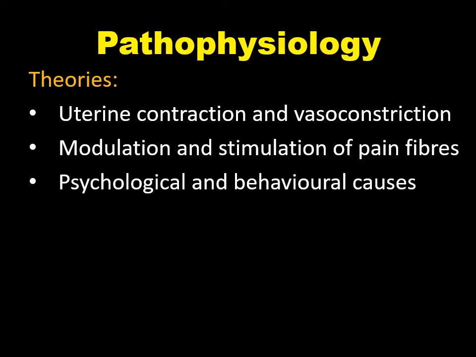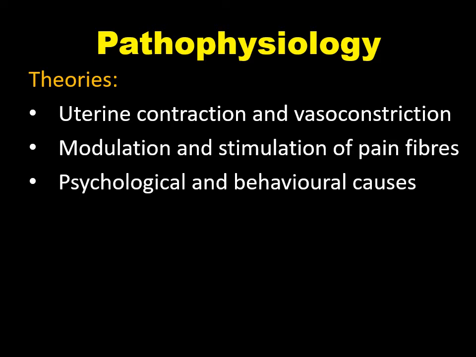Modulation and stimulation of pain fibers. The stimulation of pain fibers in the uterus causes activation of the afferent pain pathways transmitted up to the central nervous system. And in addition, there is some evidence of a direct effect on the pain fibers themselves in cases of dysmenorrhea.